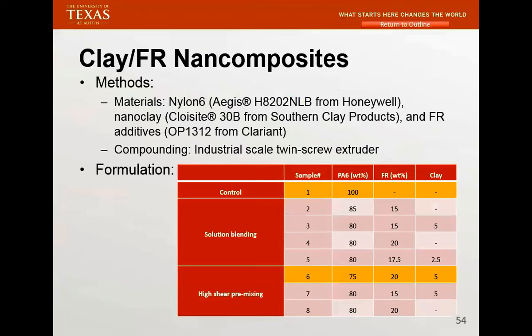Okay, so we did all these, but at that time, my student was actually working on fabric. We were thinking about making flame retardant fabric, and nylon 6 is only one component of that. The other two are different.